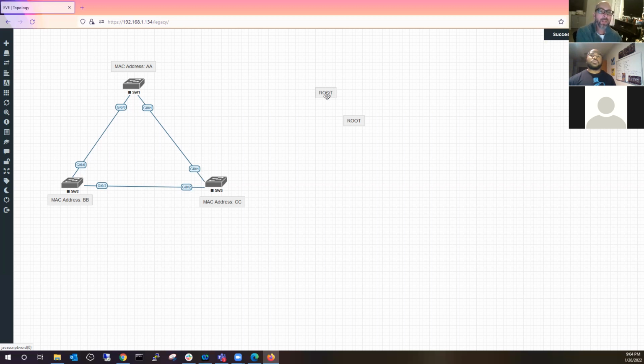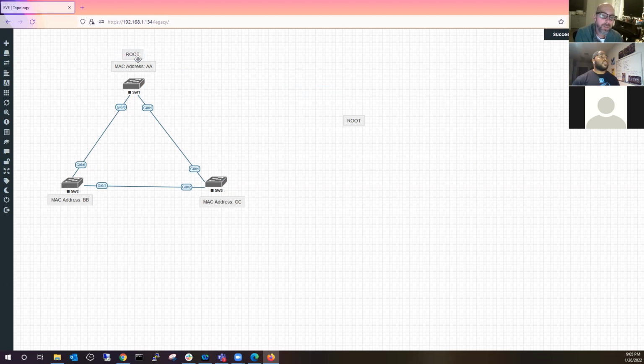It's the lowest bridge ID, because you have the priority number and then the MAC address, and you combine them, and whoever's the lowest is elected the root bridge. So switch 1's MAC address is lower than switch 3's MAC address? Lower. Yeah. Perfect.